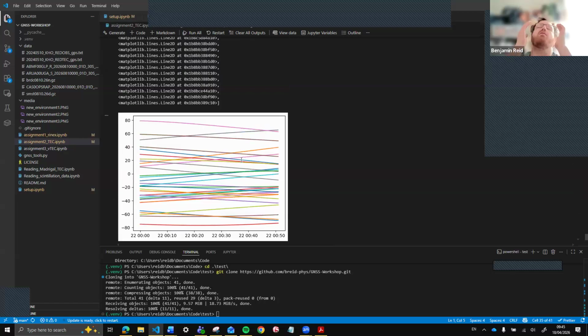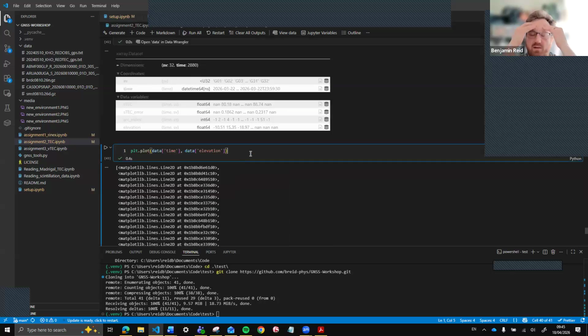The elevation angle is just the angle that the satellite appears to be. From wherever you are on the ground, the elevation is essentially how many degrees of angle there are between the horizon and the satellite. So it's what you want if you want to know how close a satellite is to the horizon.